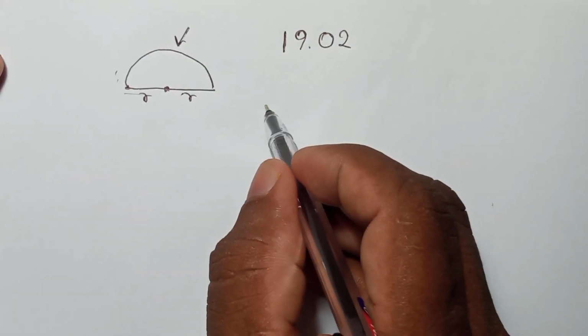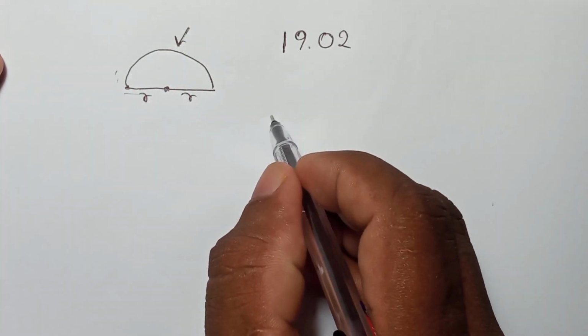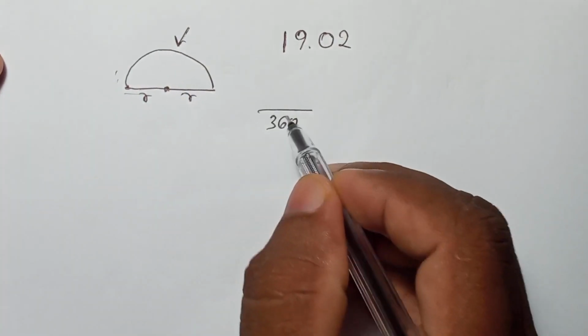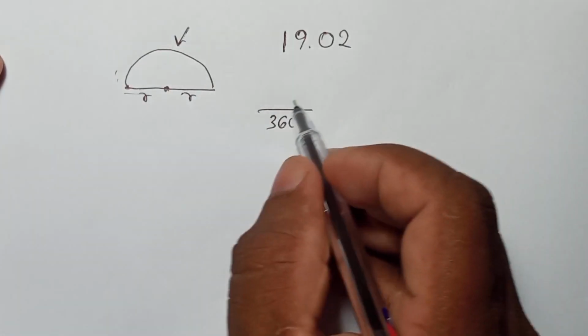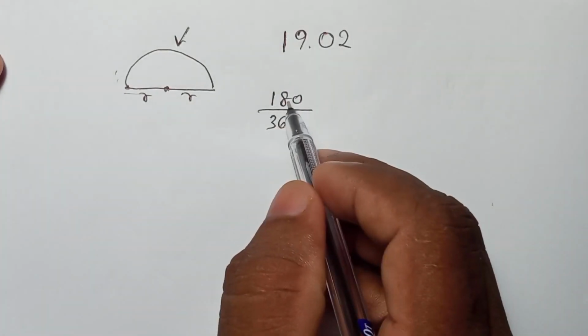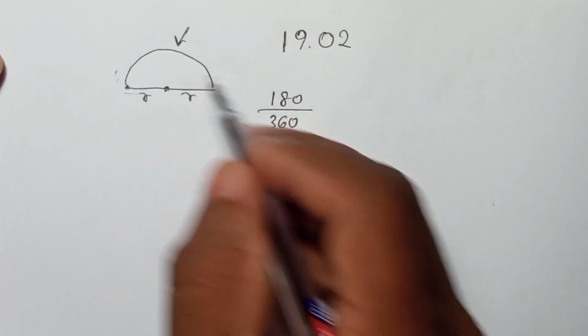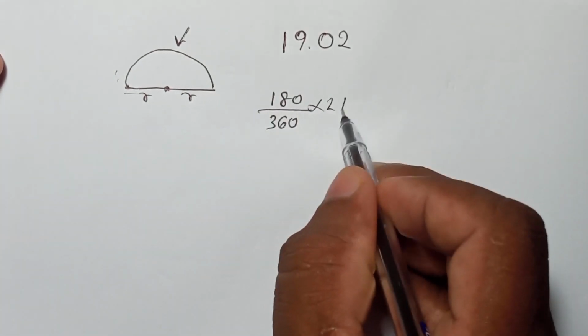Or someone can think here we have 180 degrees out of 360 degrees. If there was a complete circle, we would have 360 degrees, but here we have only 180 degrees, so you can put 180 from 360. Semicircle means like that. So anyway, we will get half into 2 pi r.